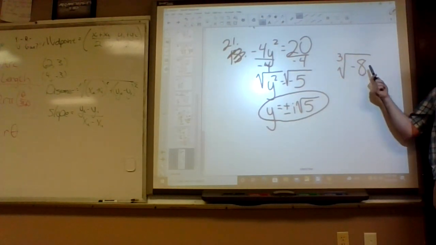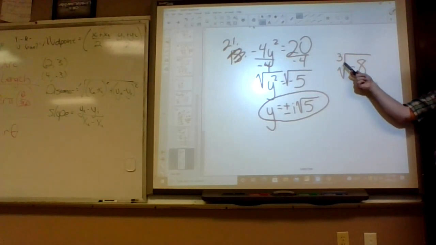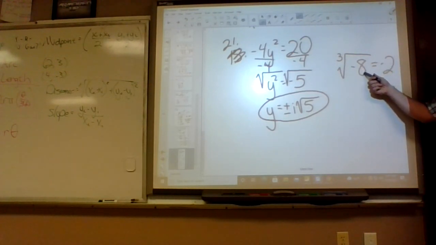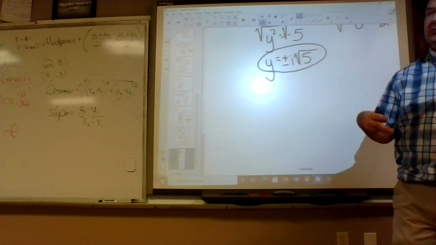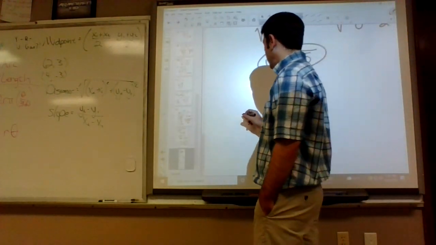Is anything cubed equal negative 8? Negative 2, because negative 2 cubed is negative 8. So cube roots do not have imaginary things. But square roots don't work. Actually, square roots, fourth roots, sixth roots, even roots can't have a negative.